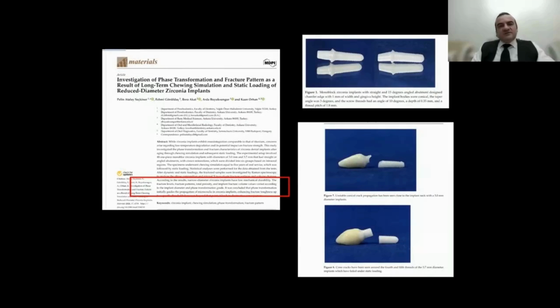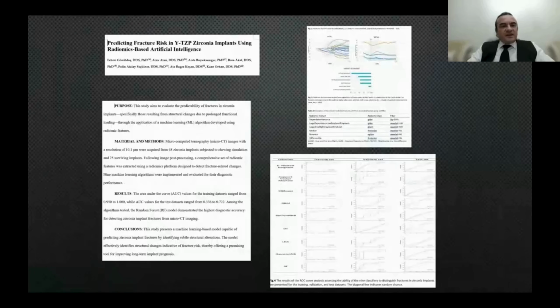We also performed several studies, especially with zirconium implants. As all of you know, dental implants, especially titanium implants, are quite reliable, but zirconium implants are prone to fracture.